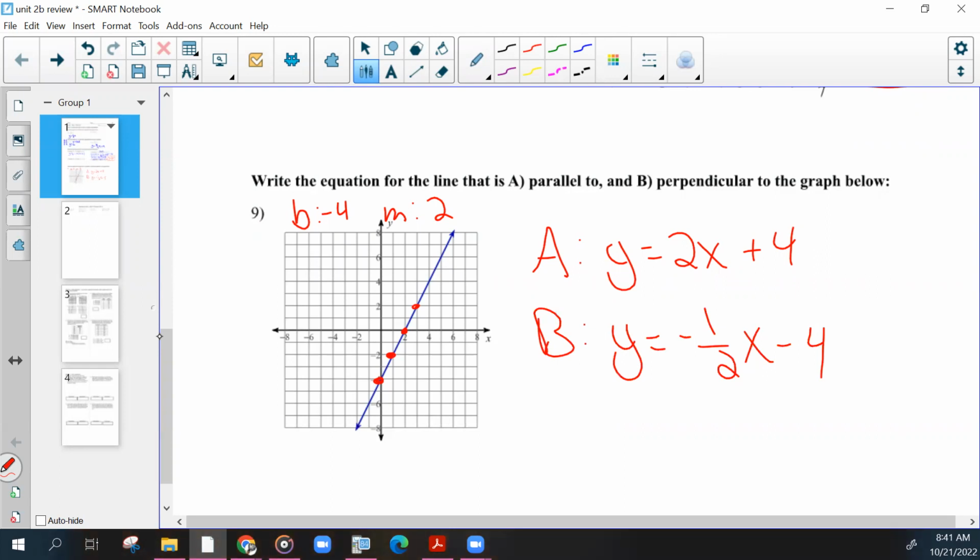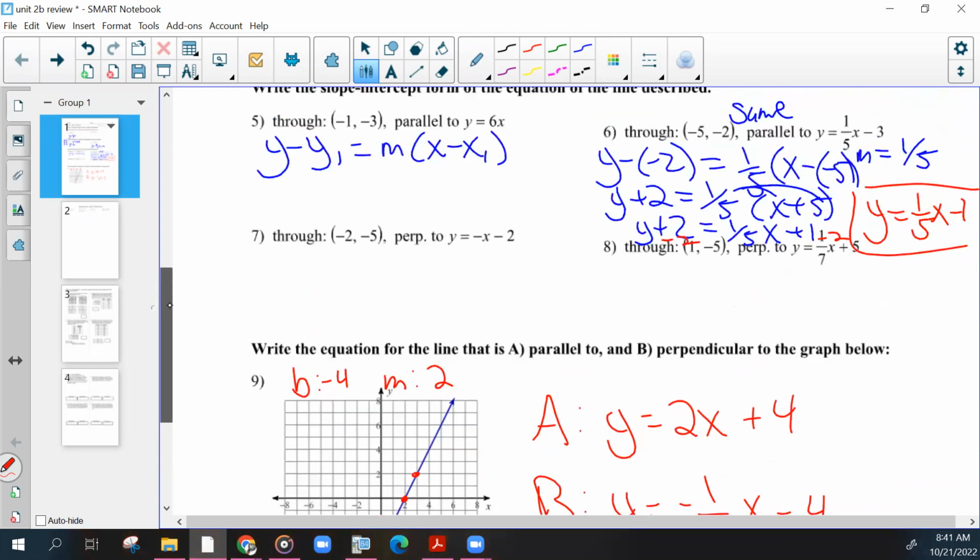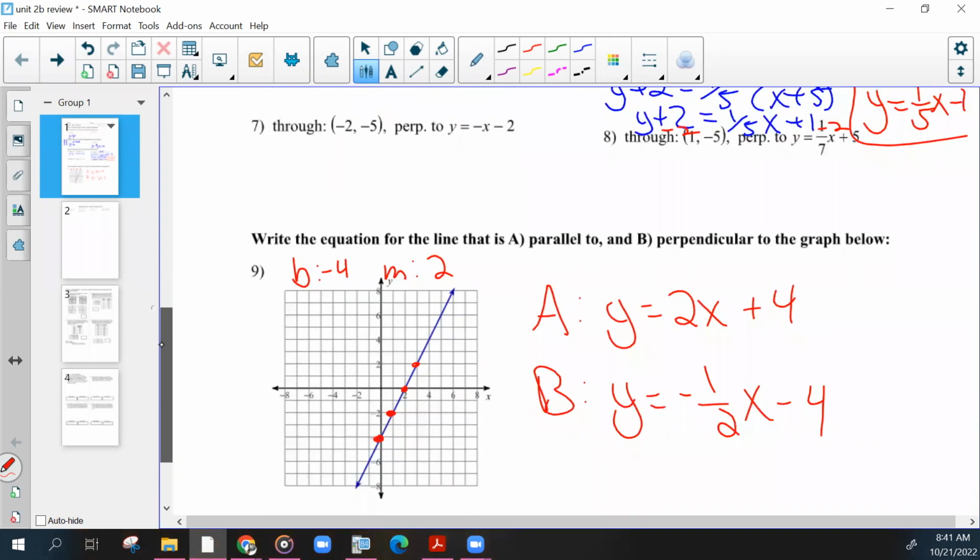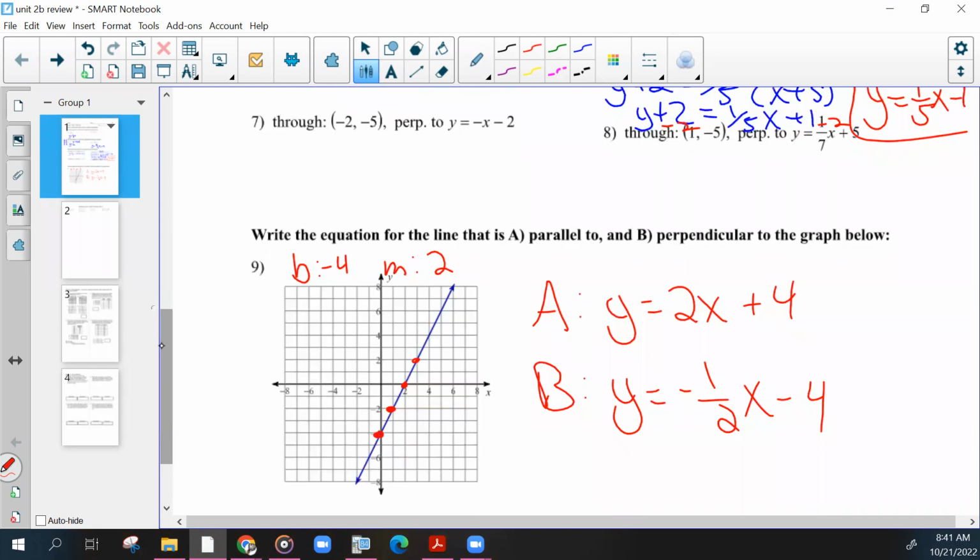Other questions on the first page? Which one? Does it matter for A, like with the y-intercept?